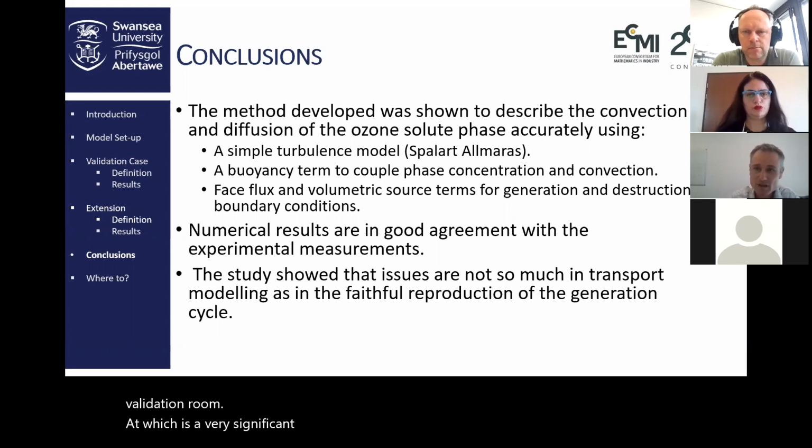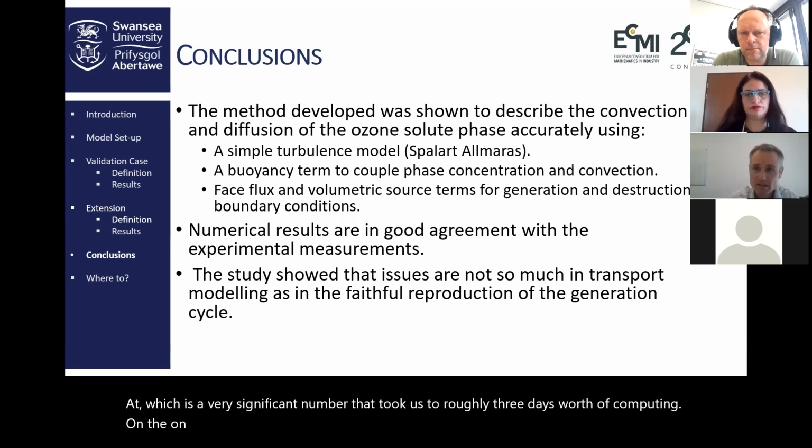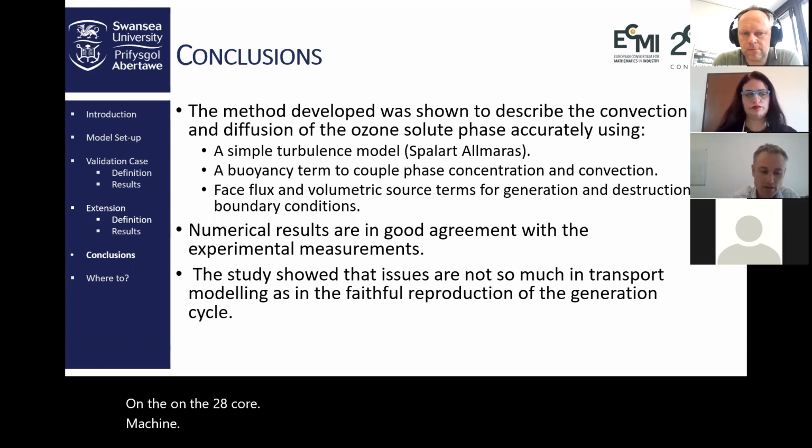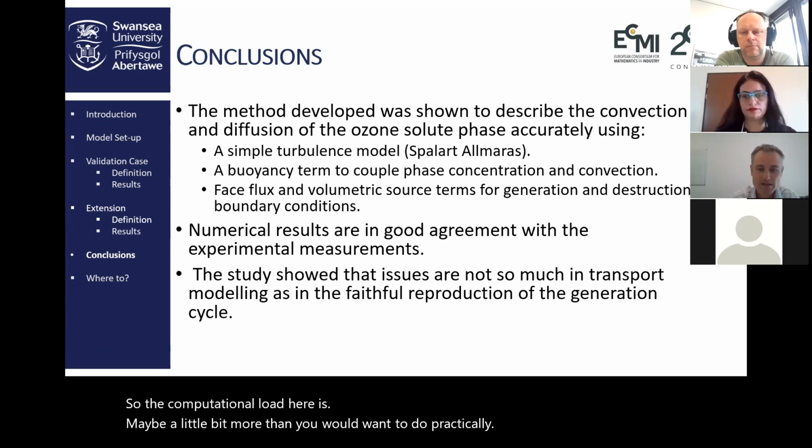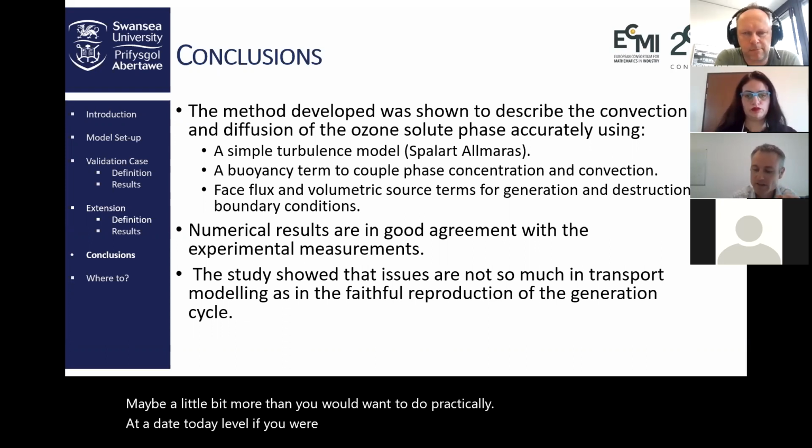That took us to roughly 3 days worth of computing on a 28 core machine. So the computational load here is maybe a little bit more than you would want to do practically at a day-to-day level if you were to assess the effectiveness of disinfection on a room-by-room type of basis.